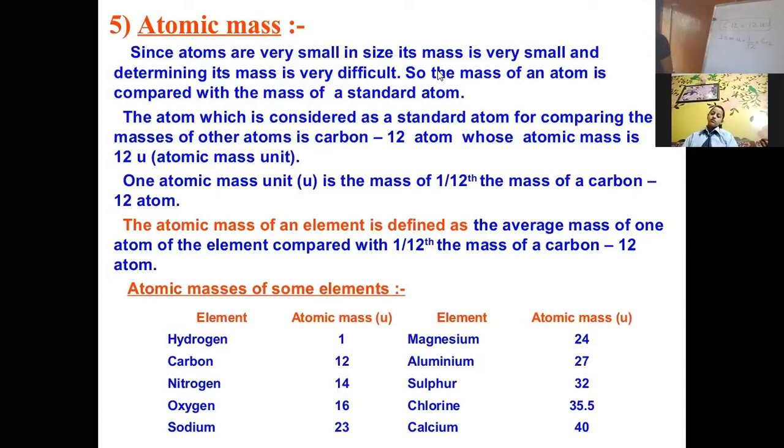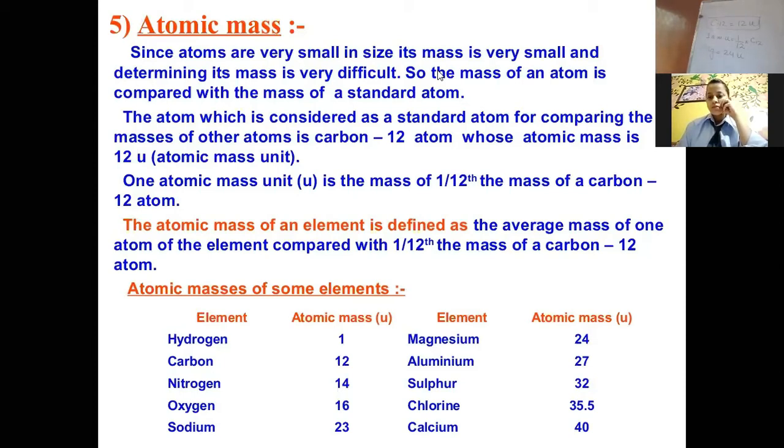For example, the atomic mass of magnesium is 24. Previously we used to write AMU, atomic mass unit, but now as per IUPAC we can take it as unit only, U. So if the atomic mass of magnesium is 24 U, what does it mean?